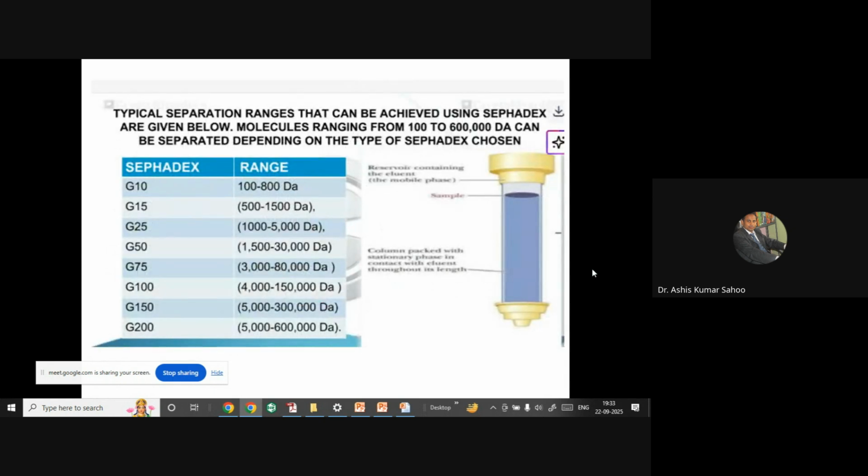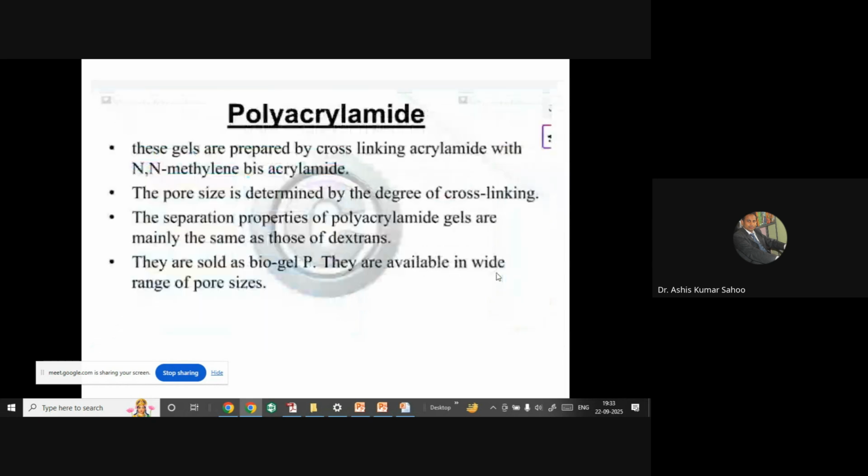So these are the different ranges of size of adsorbent. Next is polyacrylamide. The gels are prepared by cross-linking acrylamide with N,N'-methylenebisacrylamide.